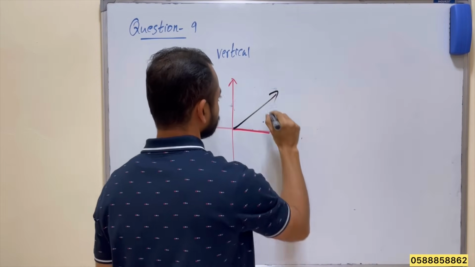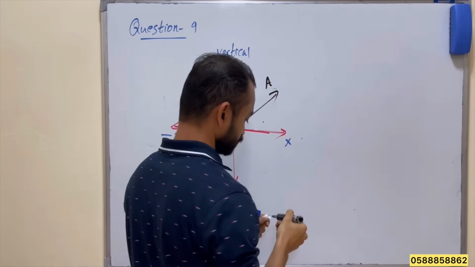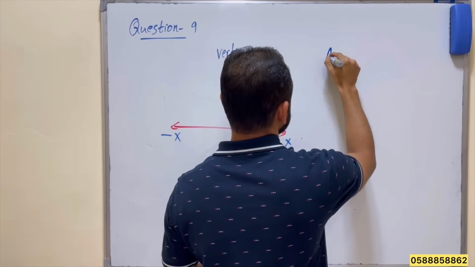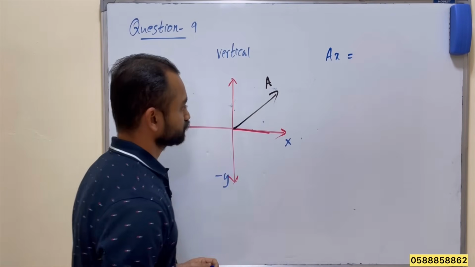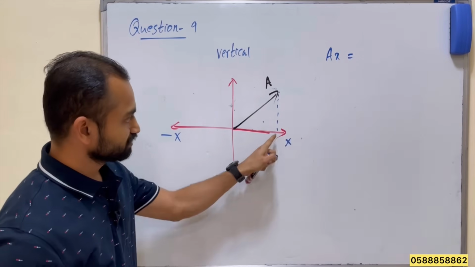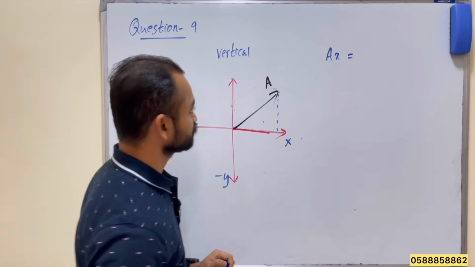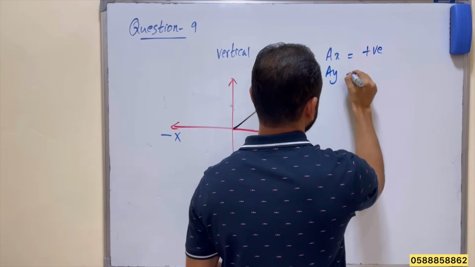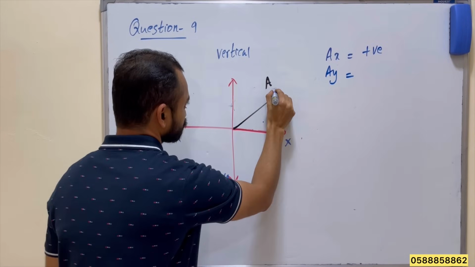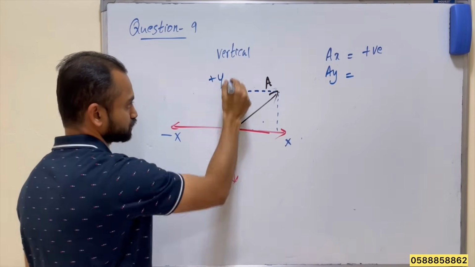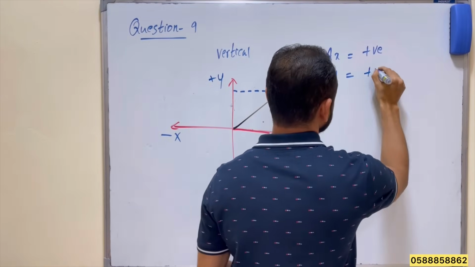We will give the name A. So Ax, is it positive or negative? From here, go to the x-axis. It is on the positive side of the x. So Ax is positive. Ay, positive or negative? From here, go to the y-axis. This is plus y, right? Positive of the y. So positive.